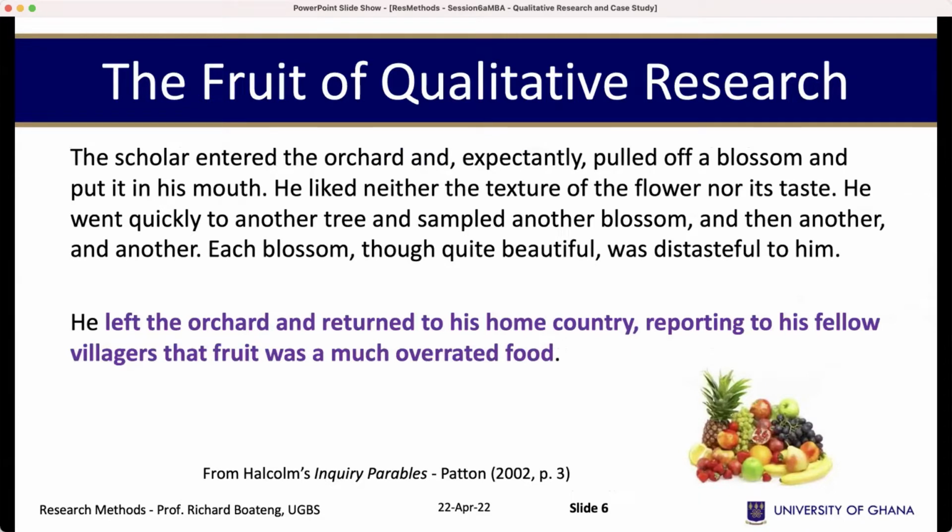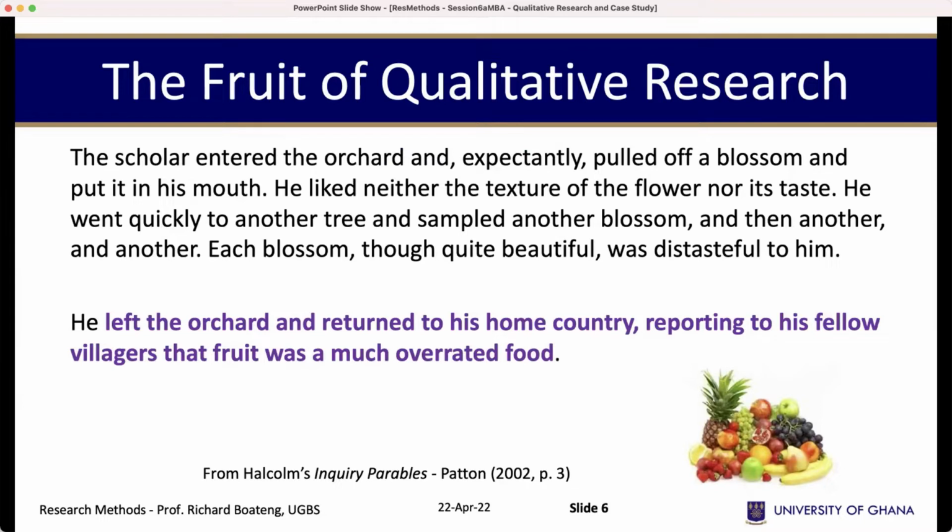He liked neither the texture of the flower nor its taste. He quickly went to another tree and sampled another blossom, then another and another. Each blossom, though quite beautiful, was distasteful to him. He left the orchard and went to his home country, reporting to his fellow villagers that the fruit was a much overrated food.